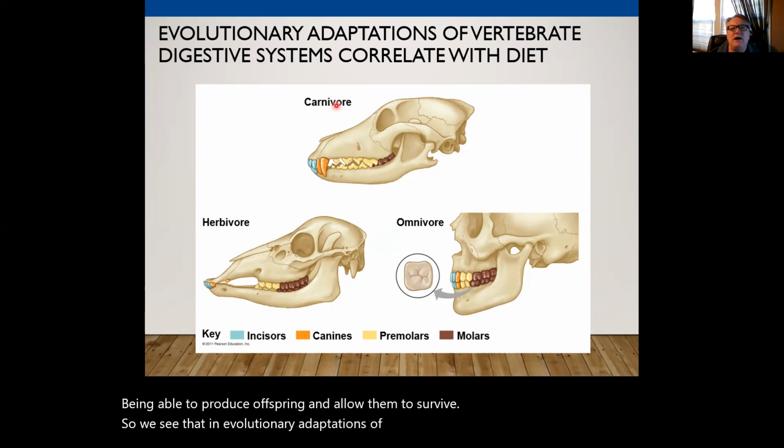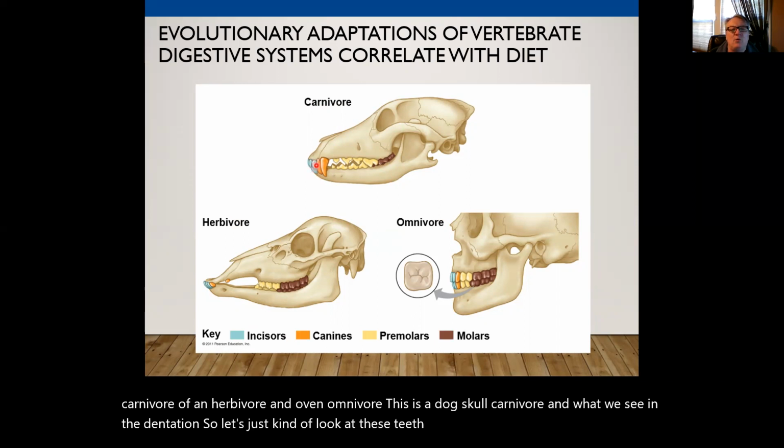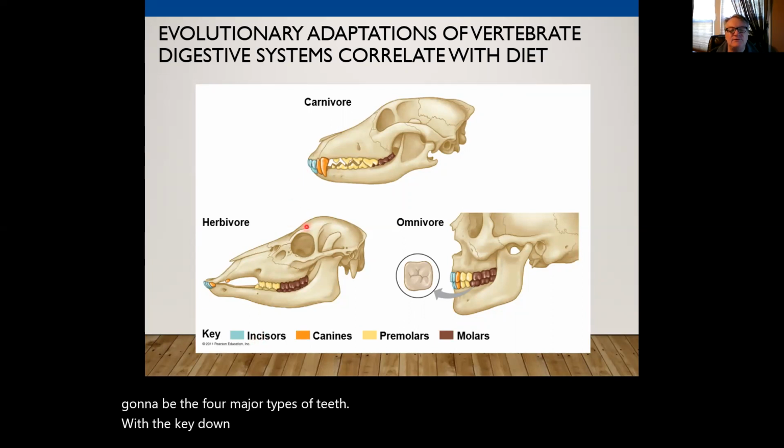So we see that in evolutionary adaptations of vertebrates. Here's an example of the skull of a carnivore, of an herbivore, and of an omnivore. This is a dog skull, carnivore, and let's look at these teeth here. Note the four major types of teeth, with the key down here: the incisors, the canines, the premolars, and the molars.